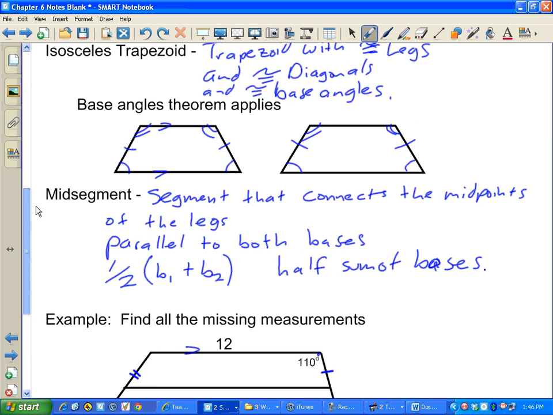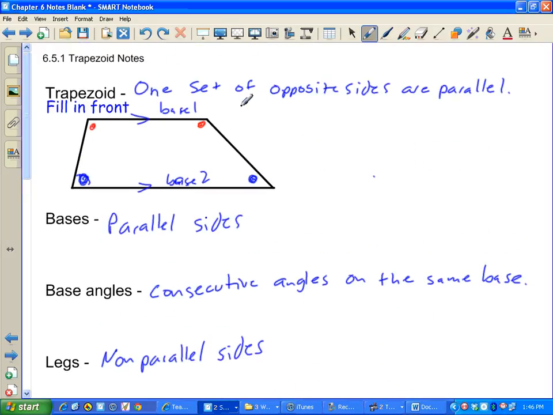So I guess we could put that as a property of trapezoids: consecutive non-base angles are supplementary.